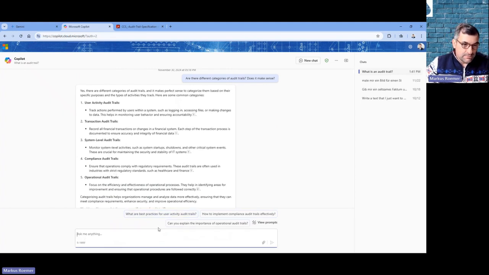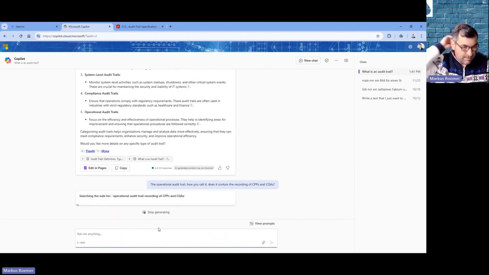Okay. Oh, the operational audit trail, how you call it. Does it contain the recording of CPPs and CQAs? Question mark.